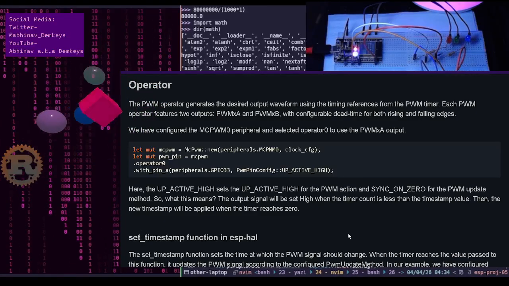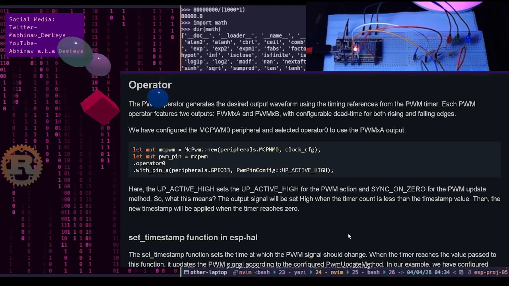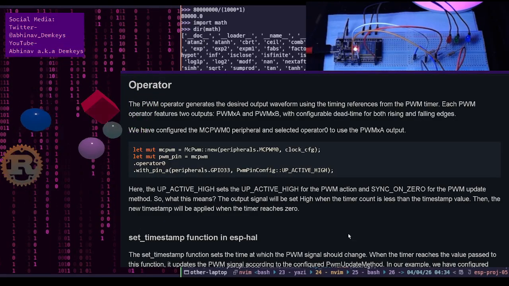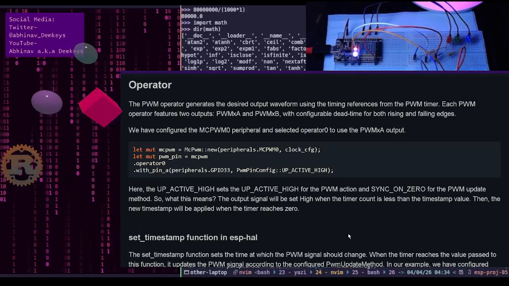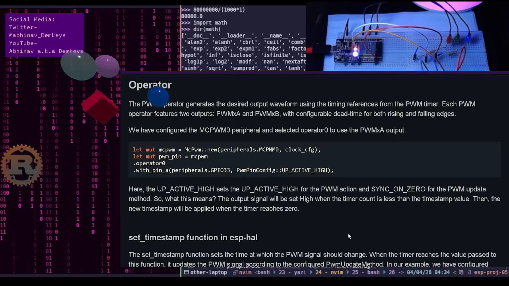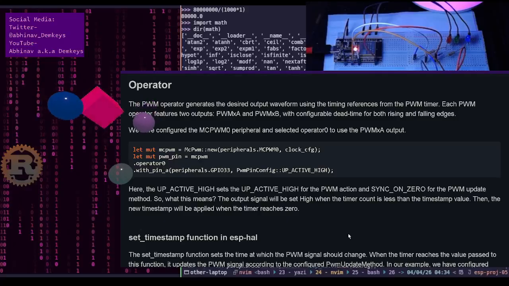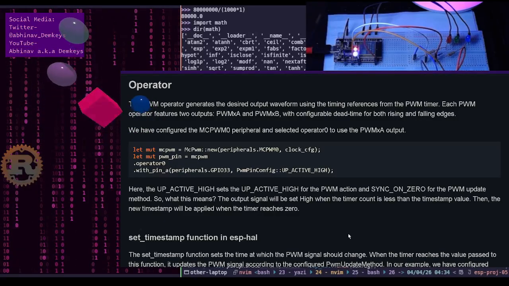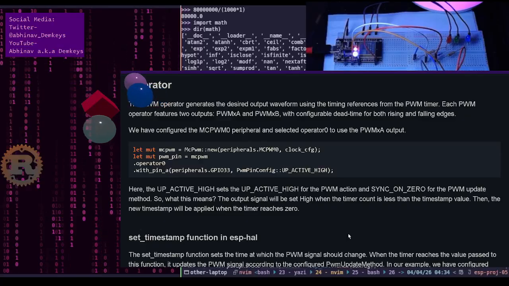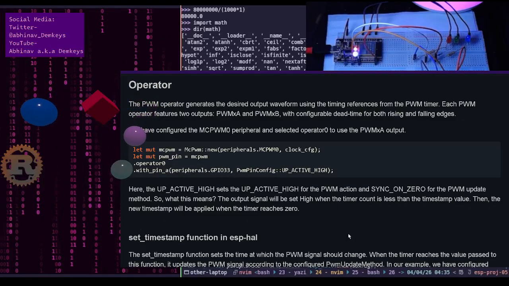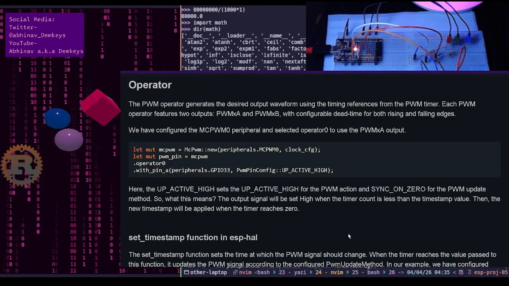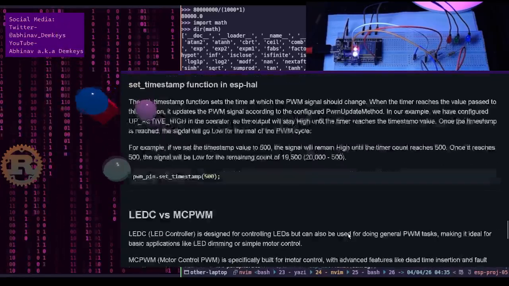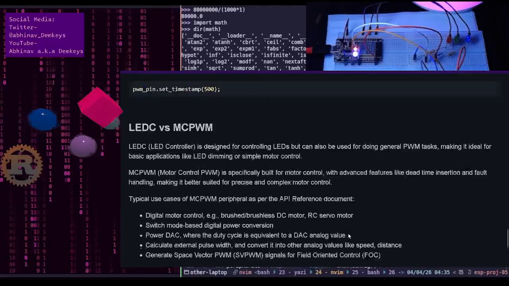We have configured the MCPWM 0 peripheral and selected operator 0 to use the PWMXA output. Okay, I'm going to have to revisit this whole thing.